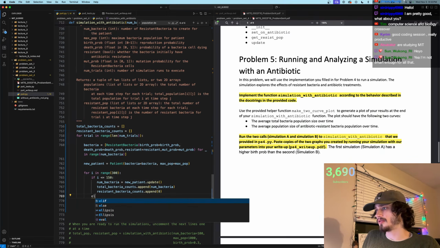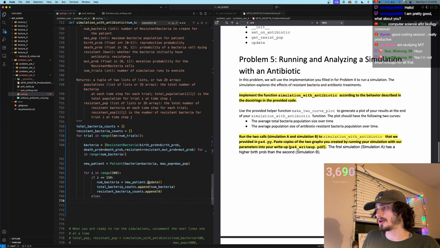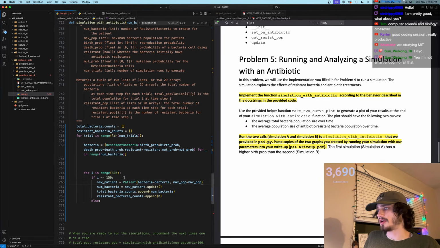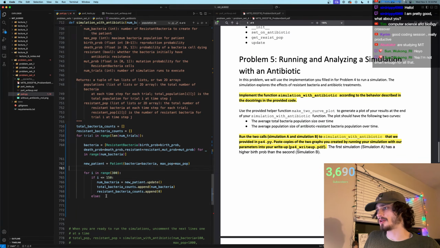And then else, right, so that goes there. If this, we're going to treat the patient now. Oh, hold on, no, we'll keep the patient out here. Then we'll say else.